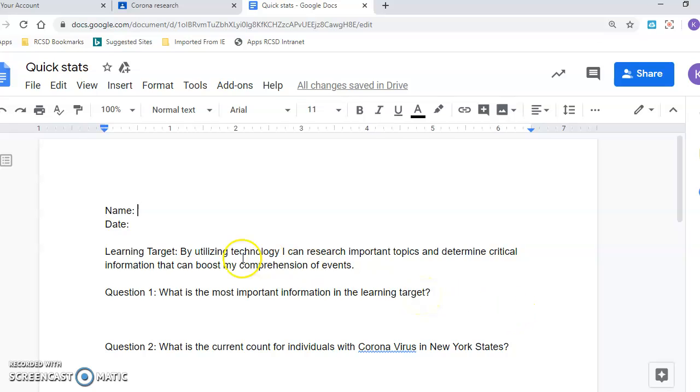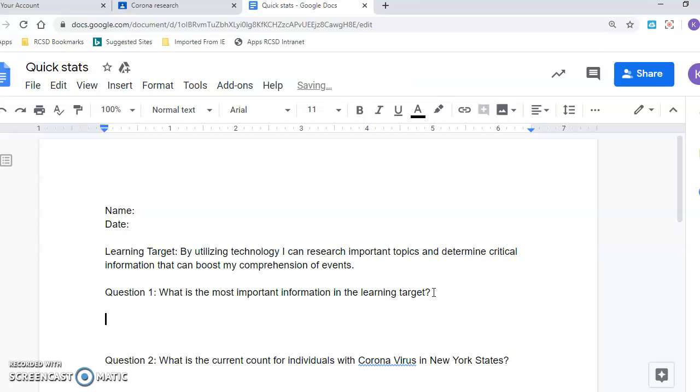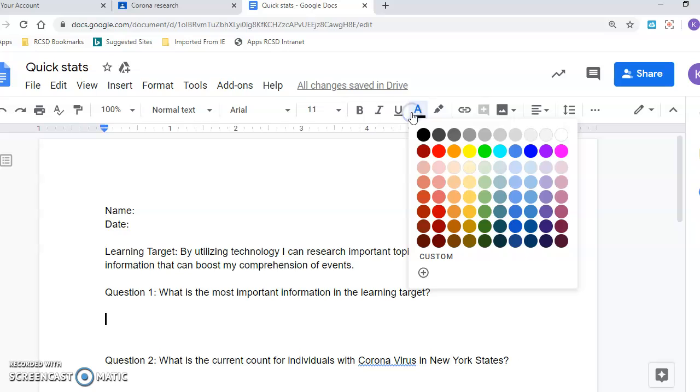Okay, so I'm going to read it again. Learning target: by utilizing technology, I can research important topics and determine critical information that can boost my comprehension of events. I'm not going to tell you what you need to write, but I like writing in a different color so that the teacher can see it really well.